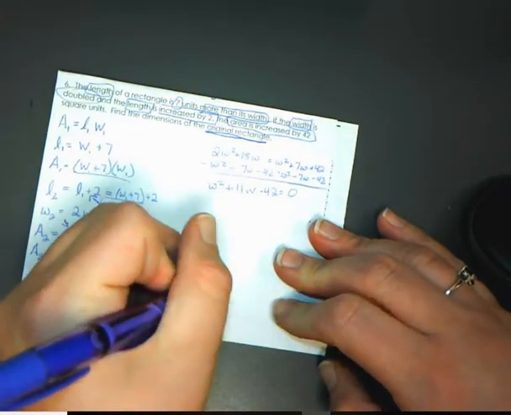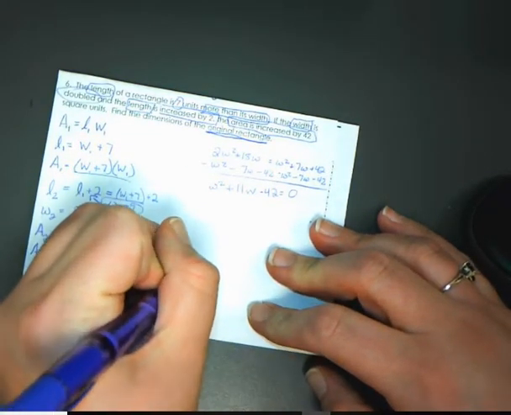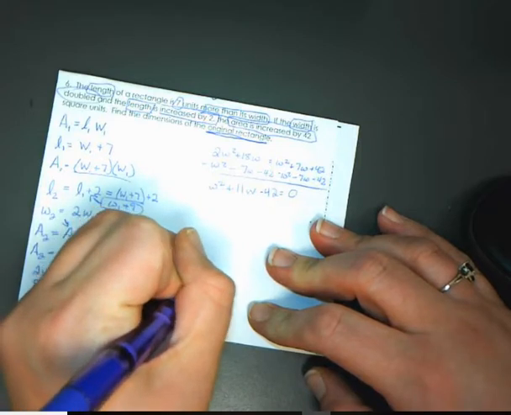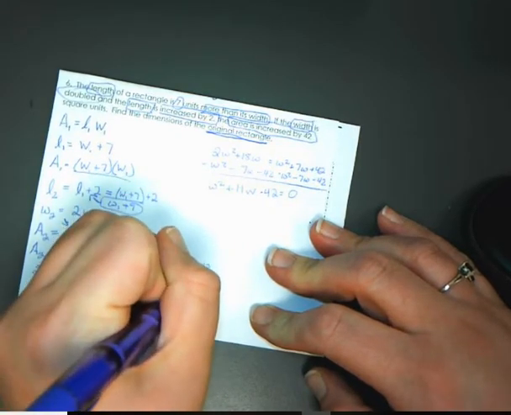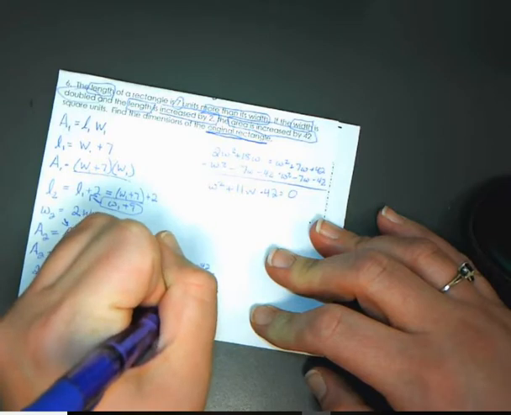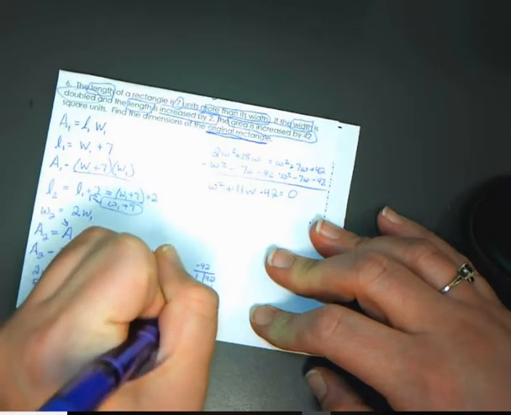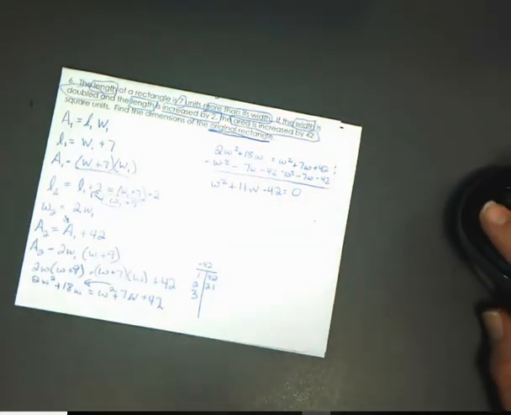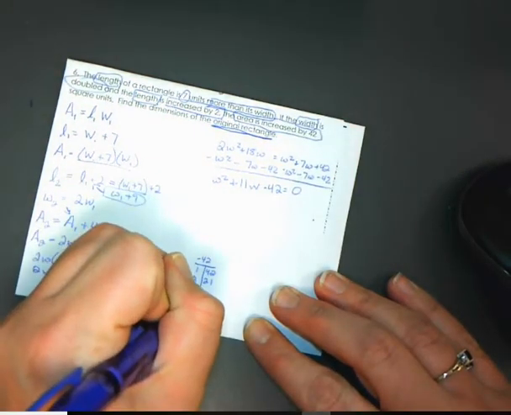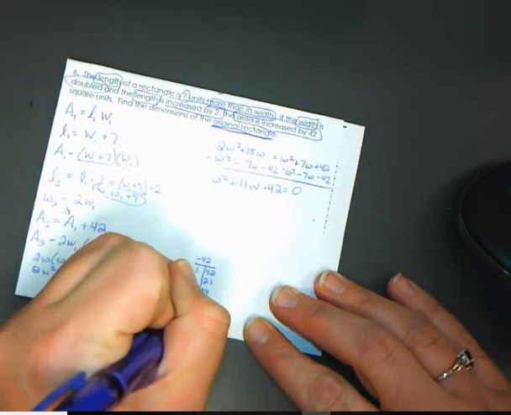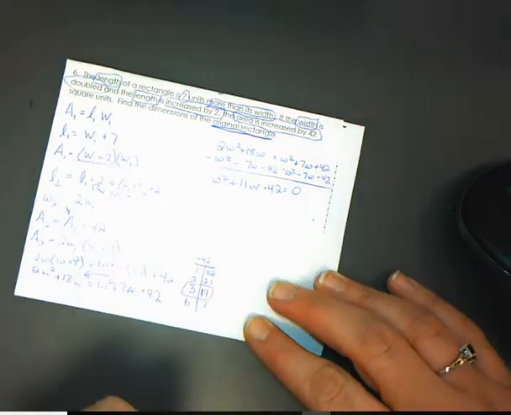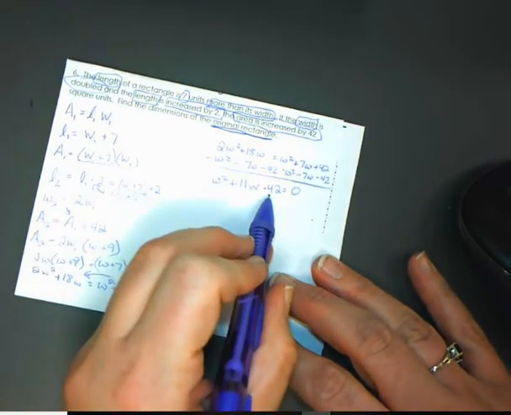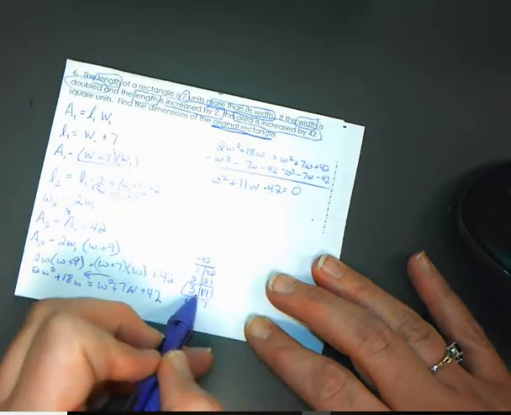First thing we're going to do is factor our negative 42. And we're going to ask ourselves which factors of 42 can subtract to give us 11. So we have 1 and 42, 2 and 21, 3 and 14, and 6 and 7. And the one we're going to use is 3 and 14 because we want positive 11 with subtraction.